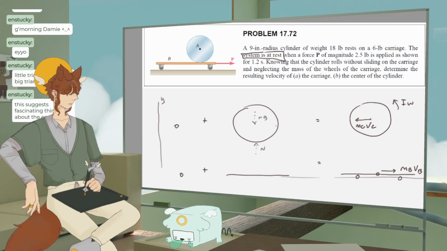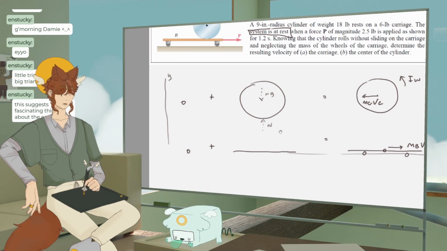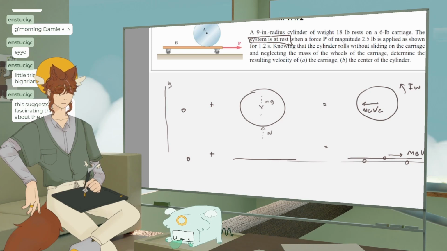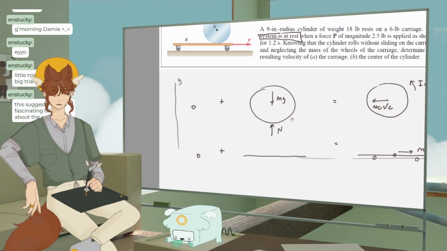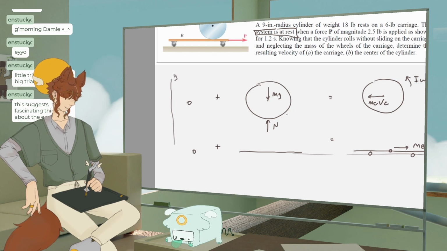Now if P was pulling up, then it would be an impulsive force. But actually, wait a second, the N might be. The mg certainly isn't an impulsive force. It's not like flying a gazillion feet up in the air and then changing its gravitational energy because it's in the atmosphere or something. So this is N.